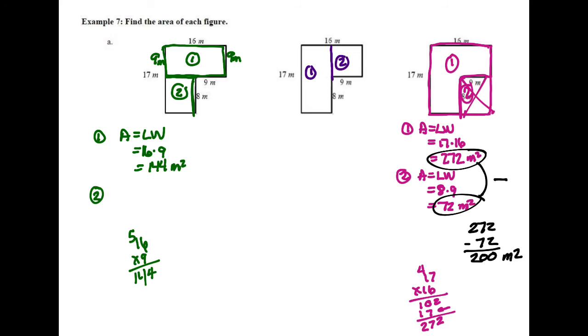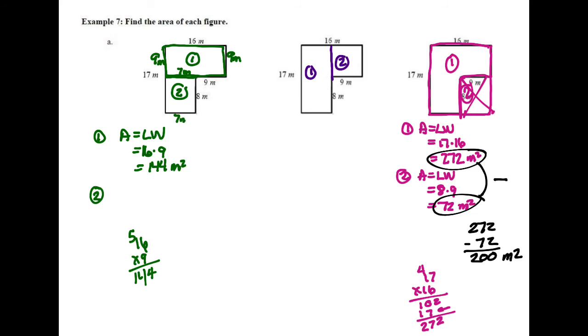We have the 8, but we're missing this part, right? If we know this whole side all the way across is 16, and we know part of it is 9, I want to figure out what this part is. So if this whole thing is 16, and we take 9 off of it, we'll have this leftover piece, which is the same thing as this piece because it's a rectangle. So 16 minus 9 is 7.